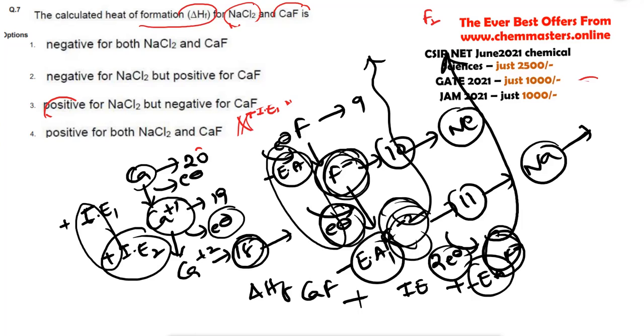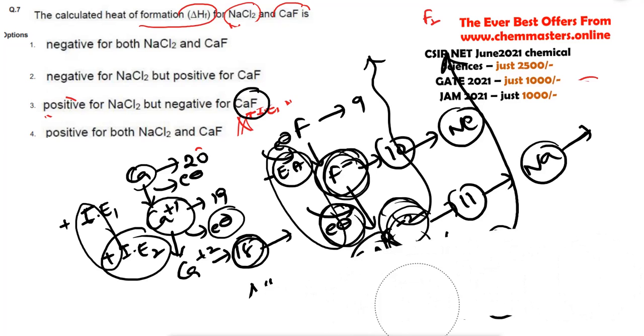That's why we get the enthalpy of formation as a negative value for CaF. Okay, so based on this theoretical explanation, we conclude that option 3 is the correct answer for the given problem.